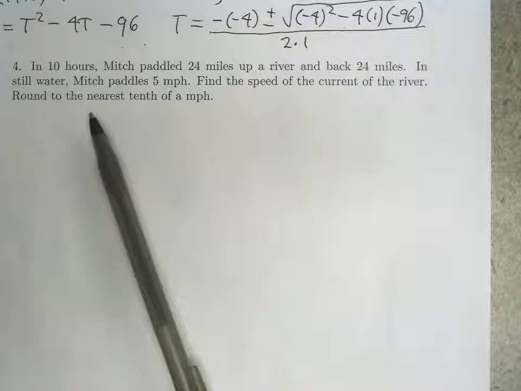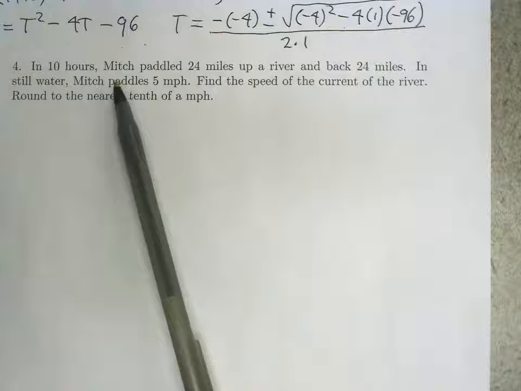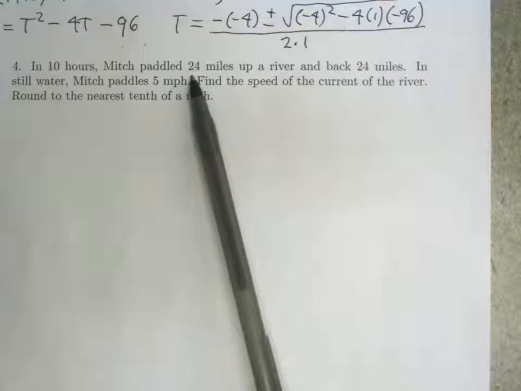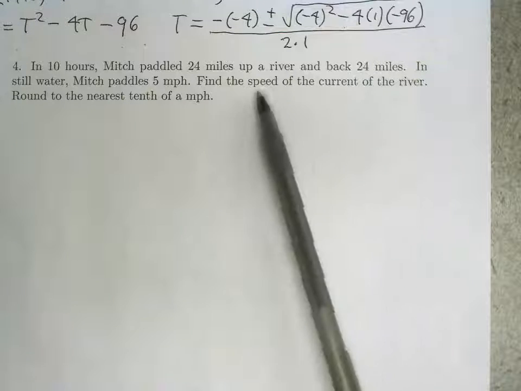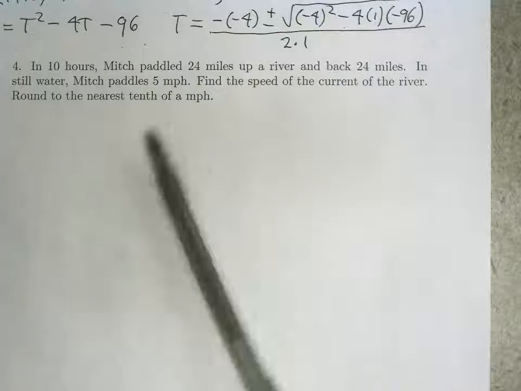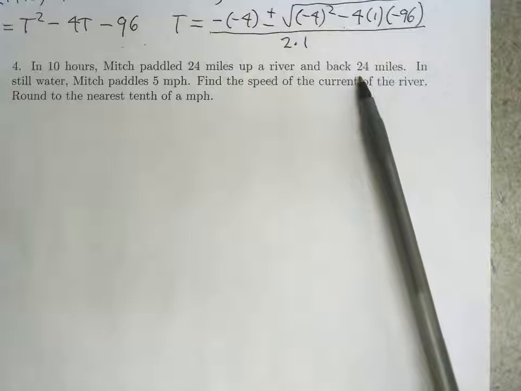Okay, so we have a couple of situations. Mitch paddles up the river, which is against the current, a distance of 24 miles. And then he turns around and paddles downstream for a distance of 24 miles.